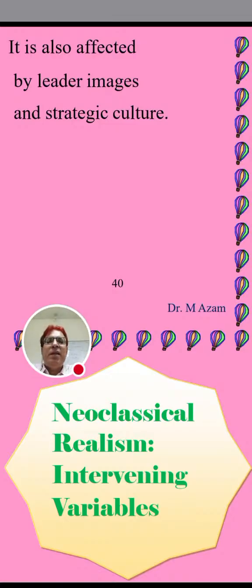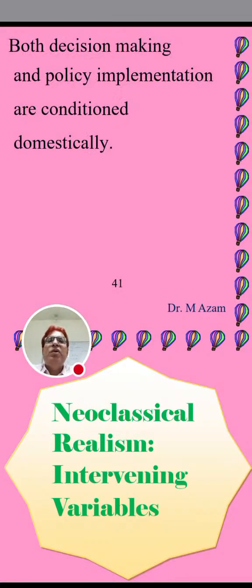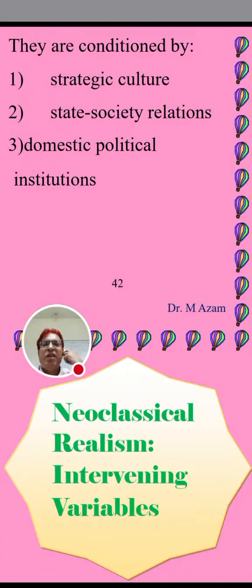Both decision making and policy implementation are conditioned domestically. Conditioned domestically means domestic factors influence decision making and policy implementation. They are conditioned by strategic culture, by state society relations, and by domestic political institutions.